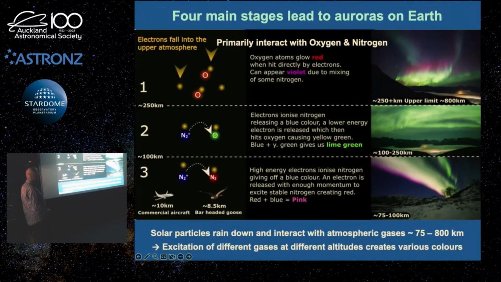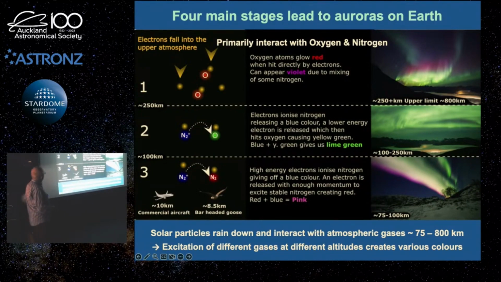Now, you've probably heard about all these different lights. You can get different hues and tones and colours. Two main colours are a red, violet, pinky hue and a green hue. And it all comes down to what atoms are getting excited or ionised, and to what degree, and at what altitudes.